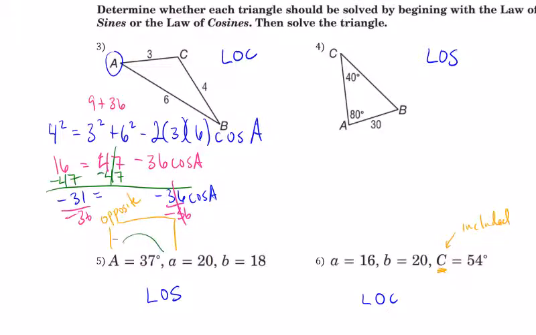Let me erase this other stuff. So we get cosine A equals negative divided by negative is a positive, so it'll be positive 31 over 36. Now I'm going to take the cosine inverse of both sides.